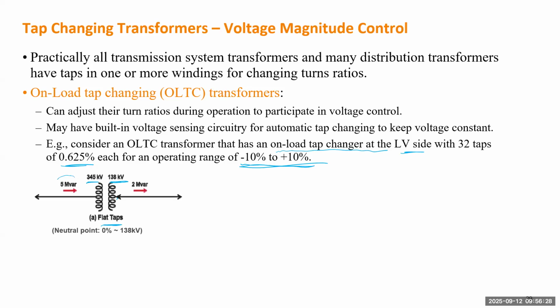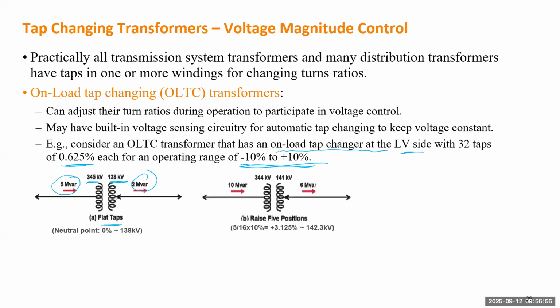The source on the primary side will provide 5 megavar of reactive power to the transformer, and the transformer will take 3 of the 5 and give 2 megavar to the load. Because the transformer itself is still a reactive load, not a reactive source, because it only has inductance. It doesn't have any capacitance, so it will consume some reactive power and give 2 megavar to the load.